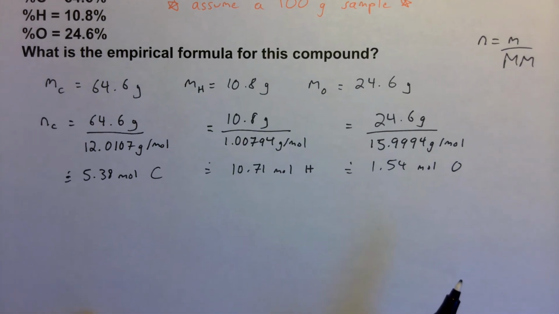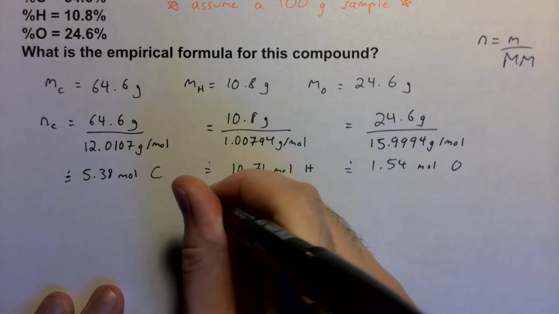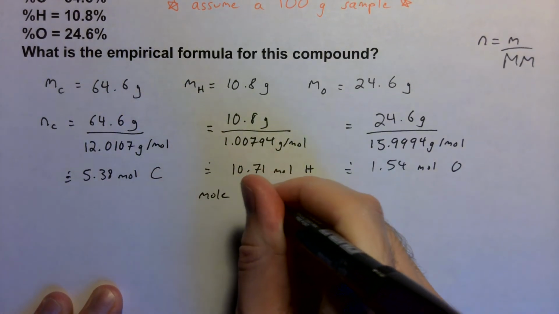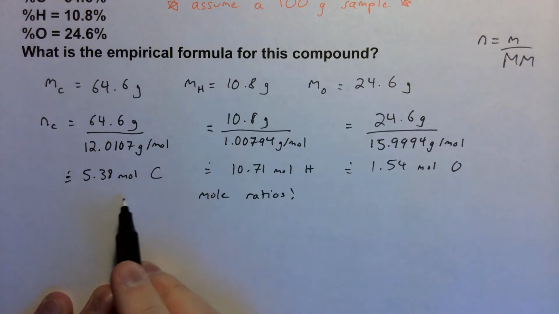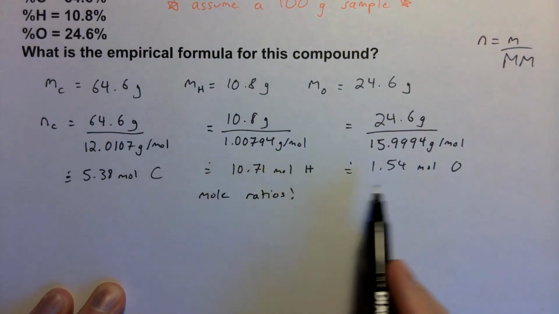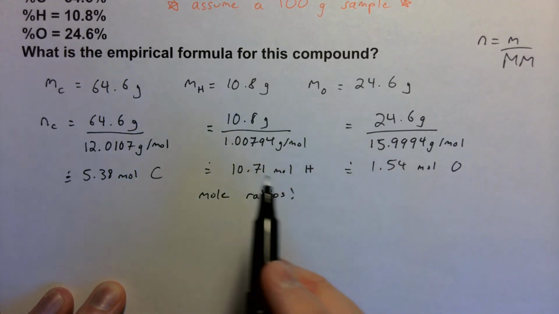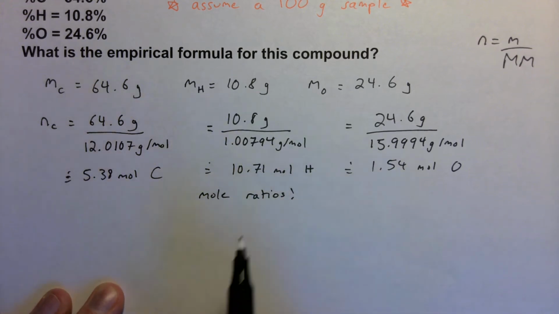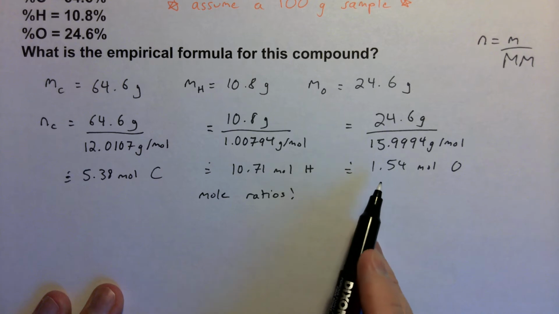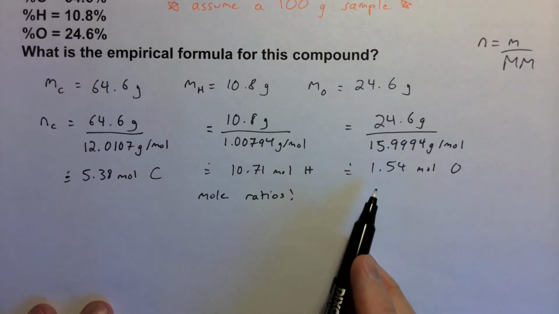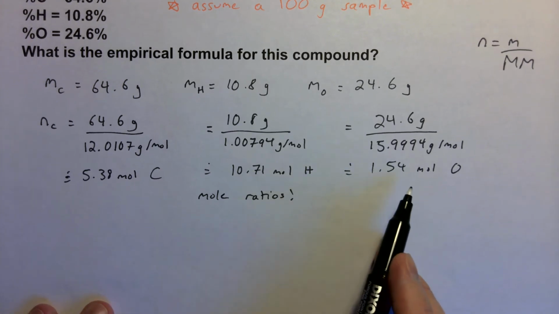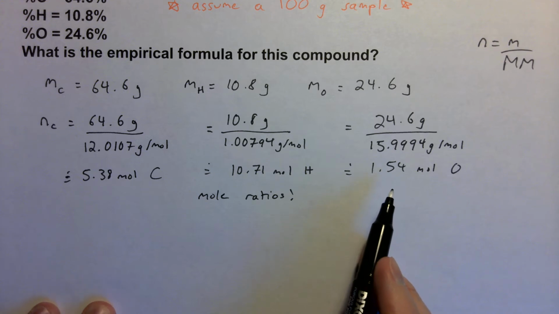Just like before when we're finding the empirical formula, we want mole ratios. So we're going to divide each of these numbers by the lowest number of moles to find the relative proportions of each element within this compound. So that means we're going to divide each thing by 1.54 moles, because that's the moles for oxygen, the lowest number of moles.